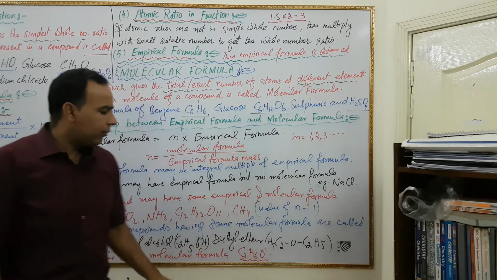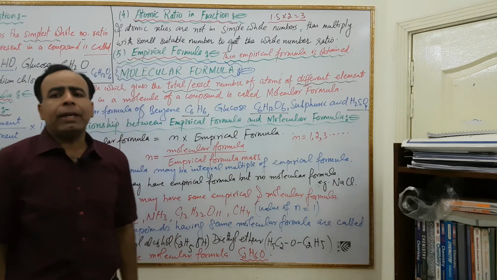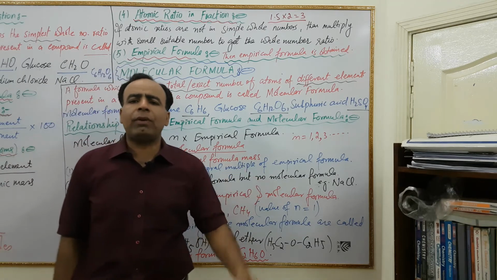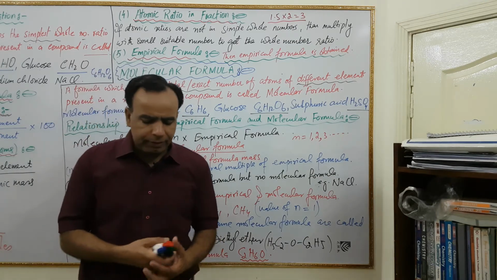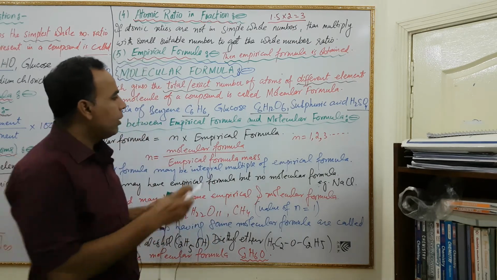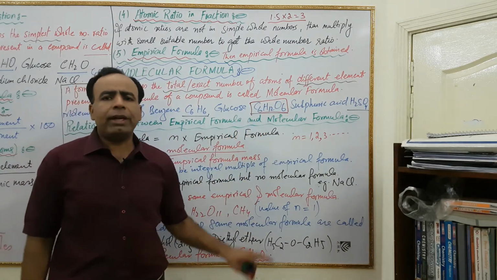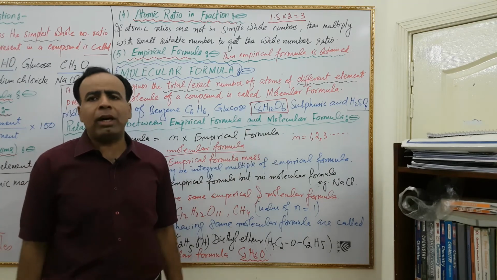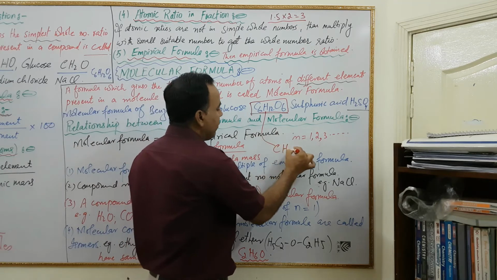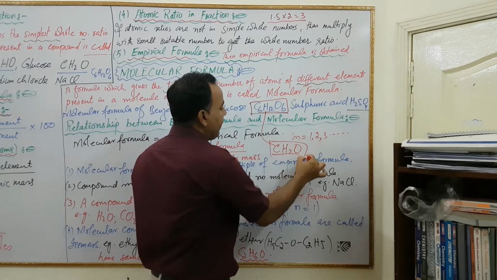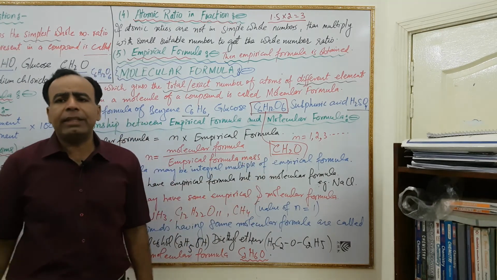For example, the molecular formula of glucose is C6H12O6. Now what is its empirical formula? Its empirical formula is CH2O. That is, we have divided it by 6. Then the empirical formula of glucose will be CH2O.